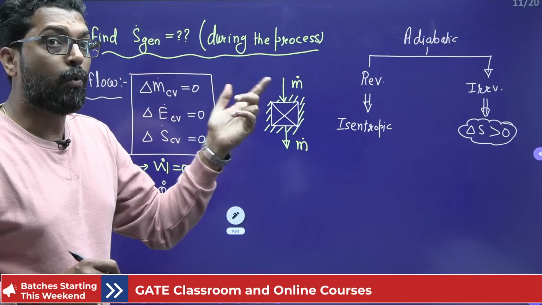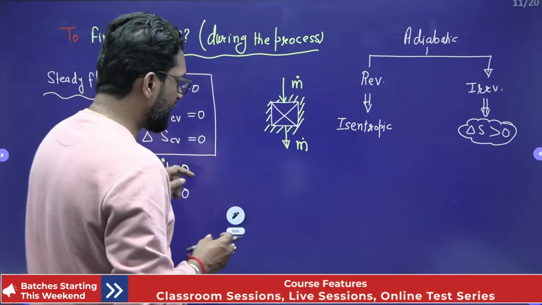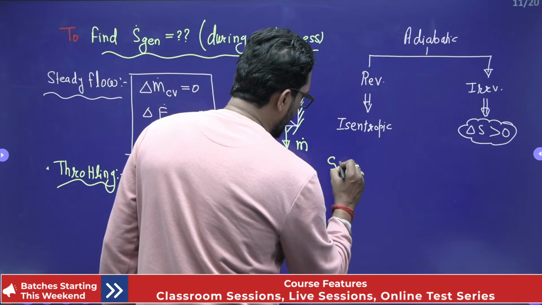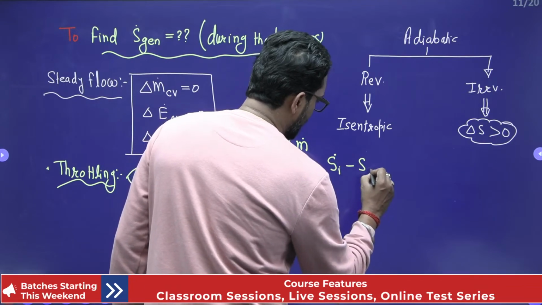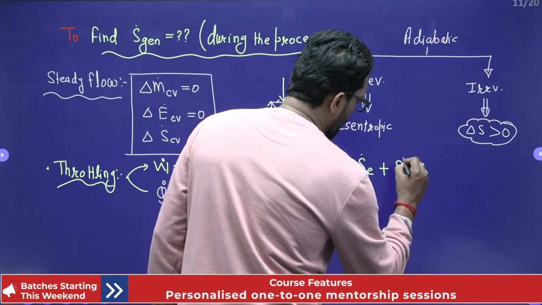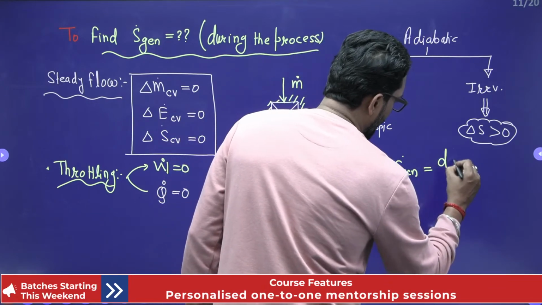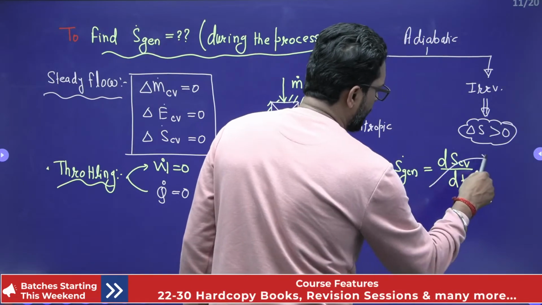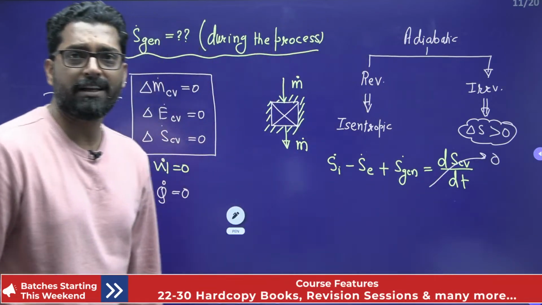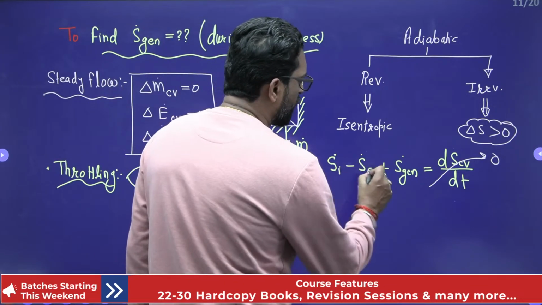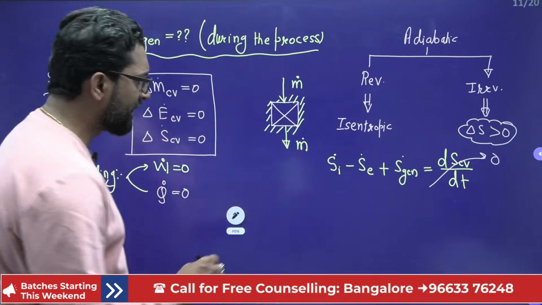So what is the entropy generation? Just now we saw that if you balance the entropy, S in dot minus S exit dot plus S generation dot is equal to dS CV by dt, and we know that this is 0 for steady flow. Inlet and exit are due to the mass.